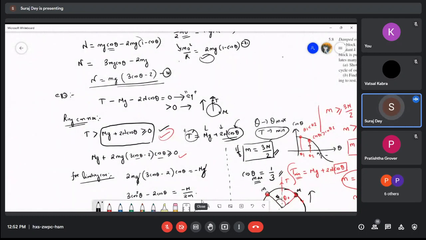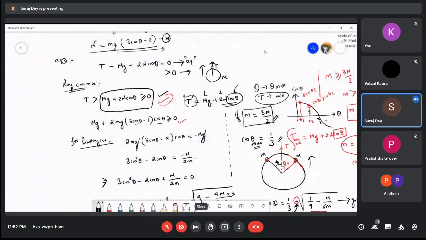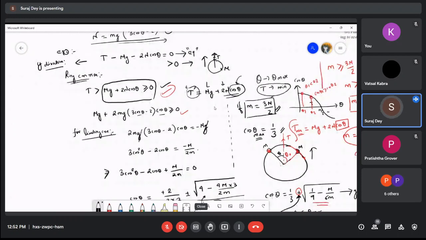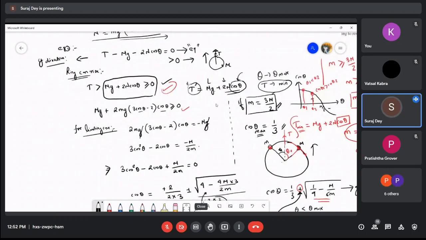And then to understand the conditions for which the ring can rise, we looked at the vertical acceleration. So this was the acceleration along the y direction, right? And we said that there should be a net positive acceleration if the ring has to rise. Then we obtained a condition such as this, and we said that the tension force is also always greater than or equal to 0.